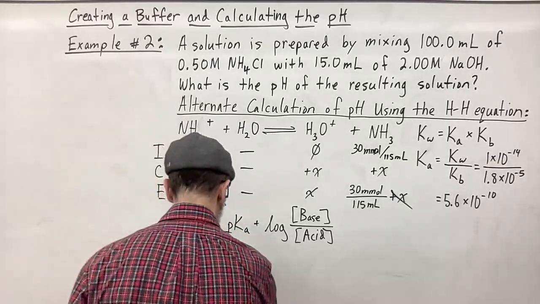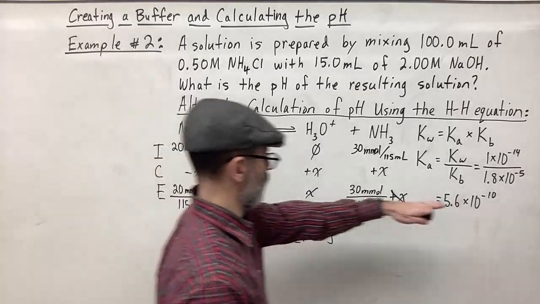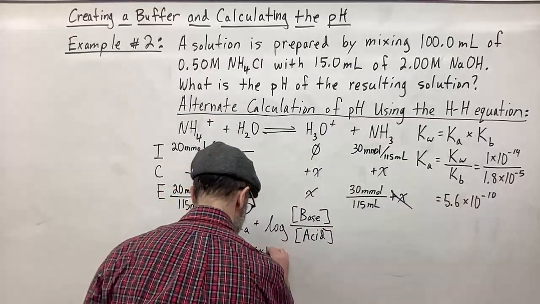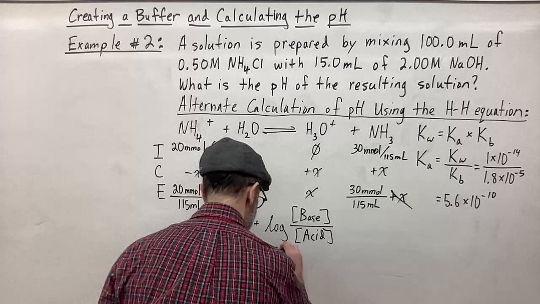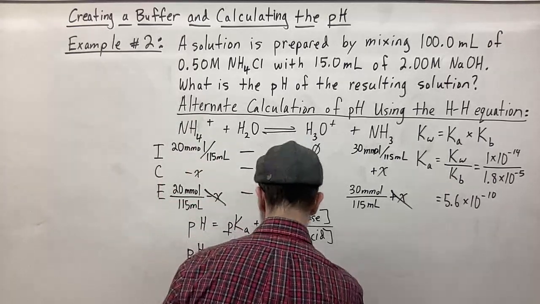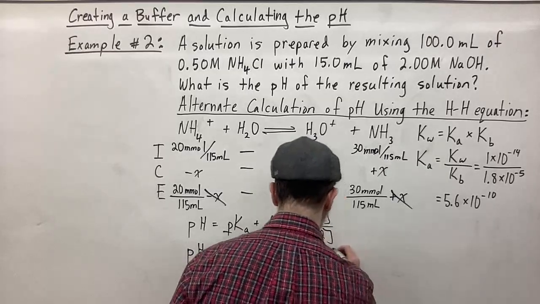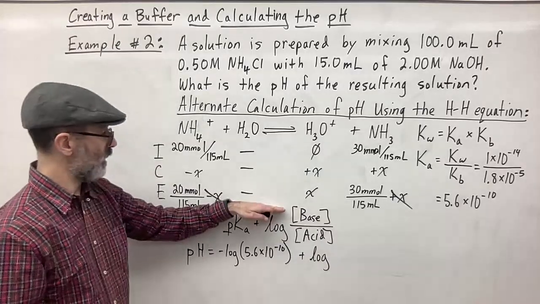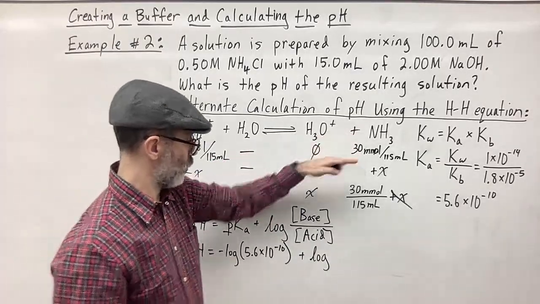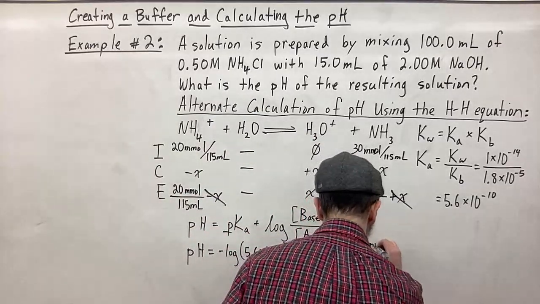So here I'm going to take the negative log of the Ka value, which is 5.6 times 10 to the negative 10. And then this is going to be plus the log of the concentration of the base, which is the ammonium. So it's going to be 30 millimoles.